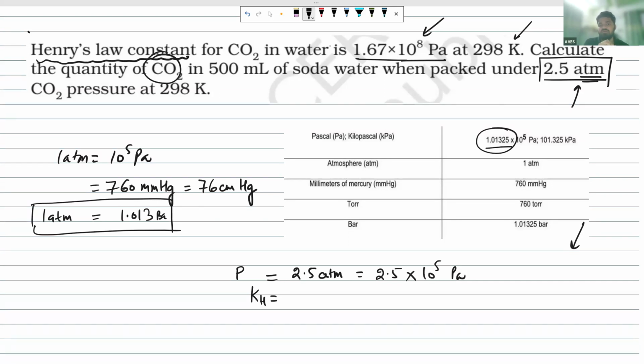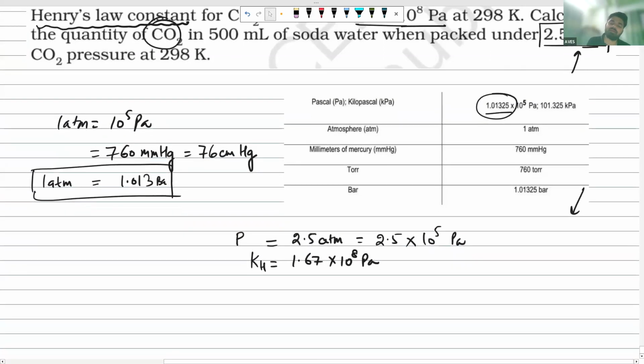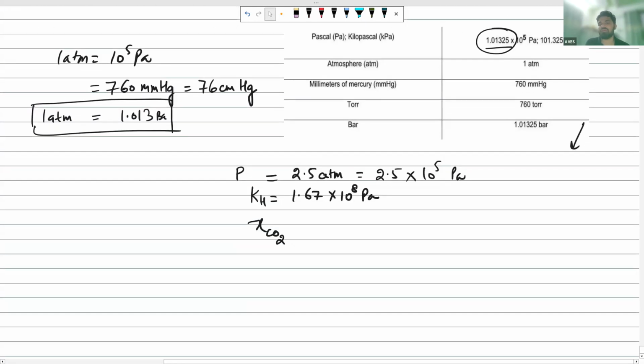It's 1.67 into 10 raised to the power 8 pascals. Now, mole fraction. First, you need to calculate the mole fraction of CO2. So what would be the mole fraction of CO2? Just divide it and you will get the exact value.